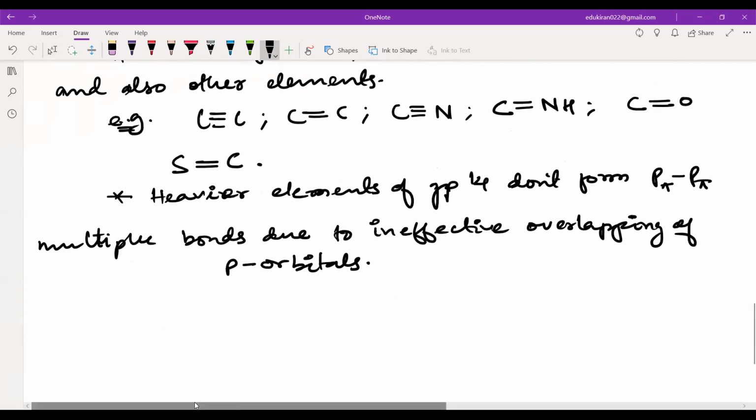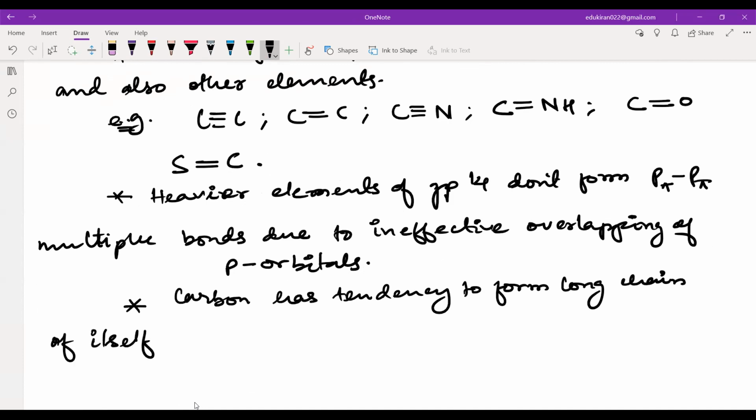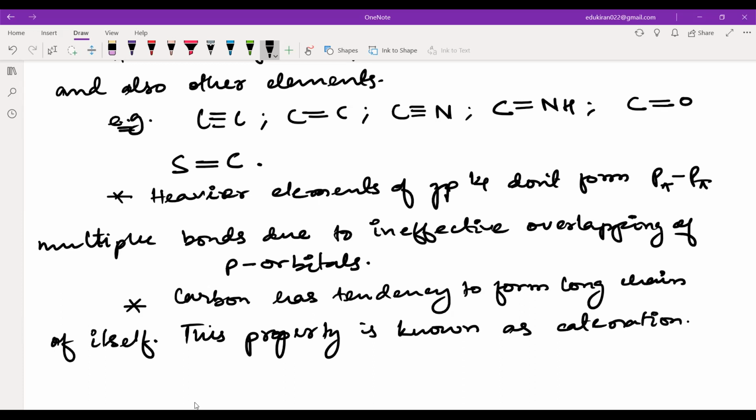Next point is that we all know that carbon has the special property of catenation. Carbon has the tendency to form long chains of itself. This property is known as catenation.